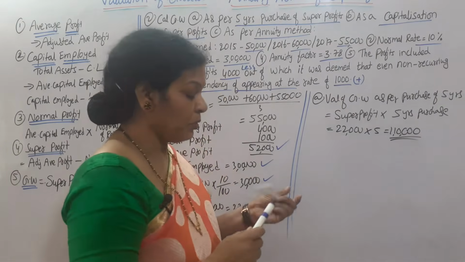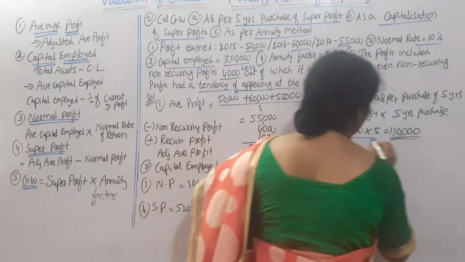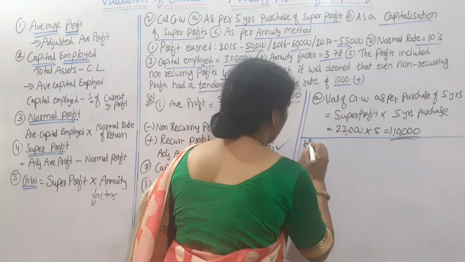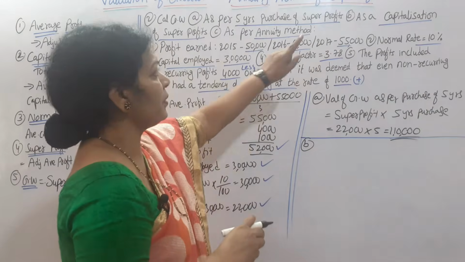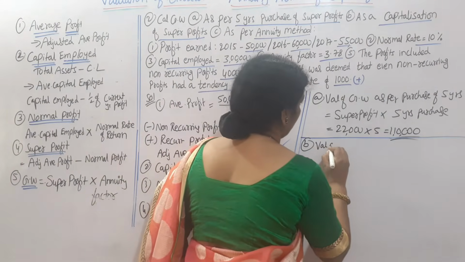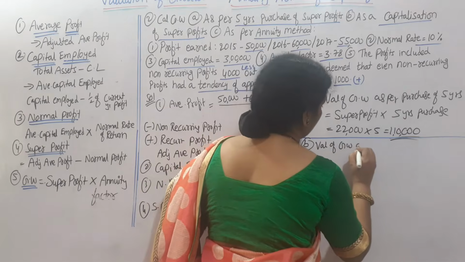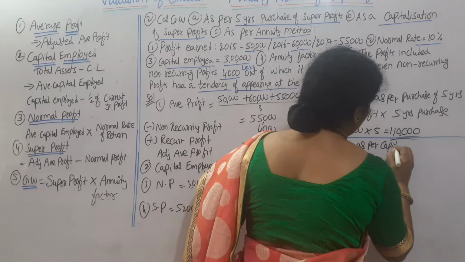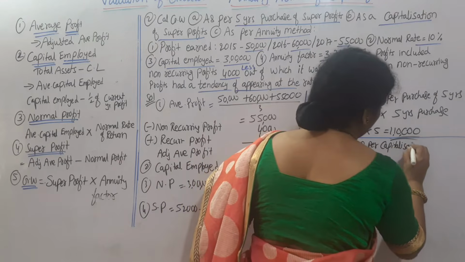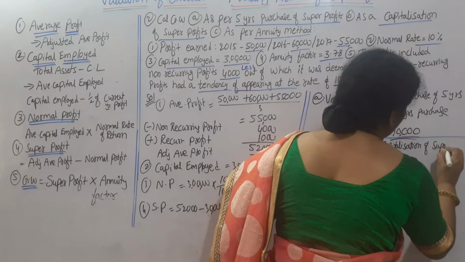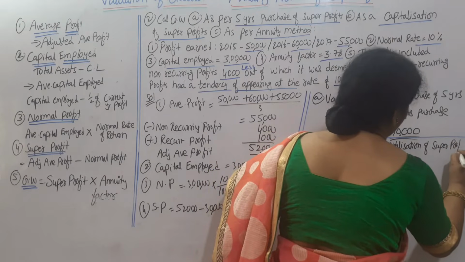Then after that we will go for the second method. Valuation of goodwill as per capitalization of super profit. What is the formula?